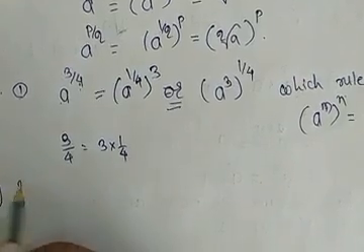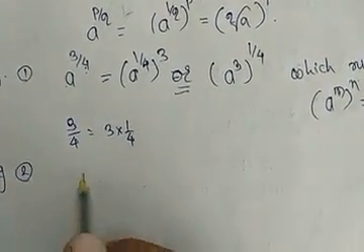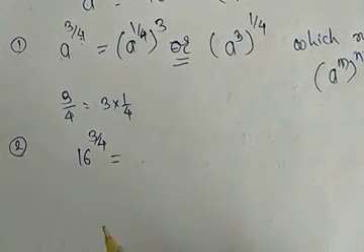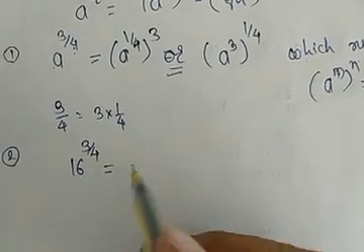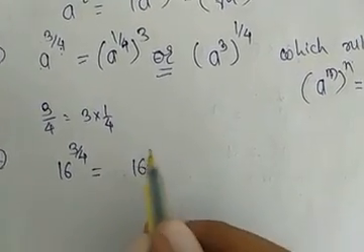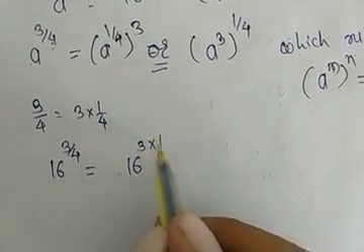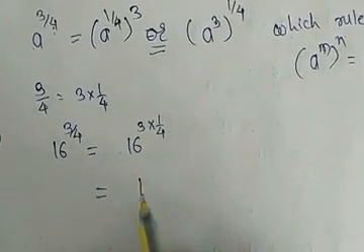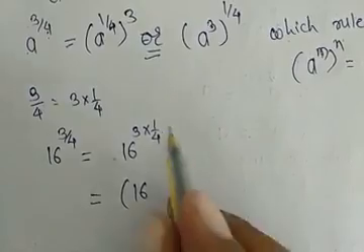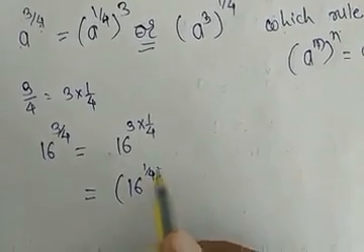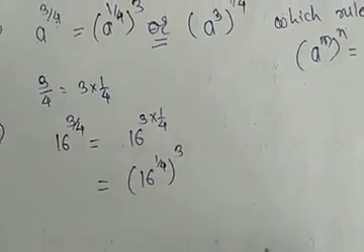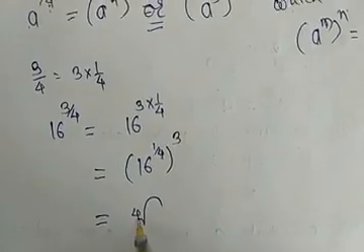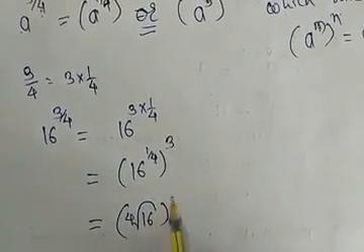Next example, what is the value of 16 raised to 3 by 4? So 16 raised to 3 by 4 can be written as 16 raised to 3 into 1 by 4. Okay, which will be equal to 16 raised to 1 by 4 in bracket, raised to 3. Now the fourth root of 16, raised to 3.